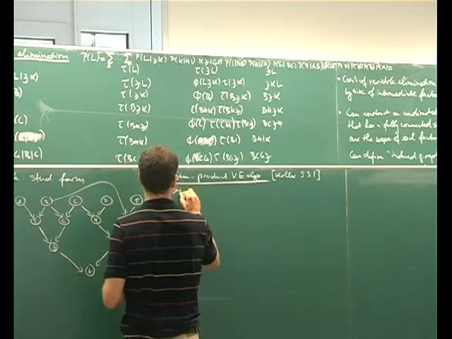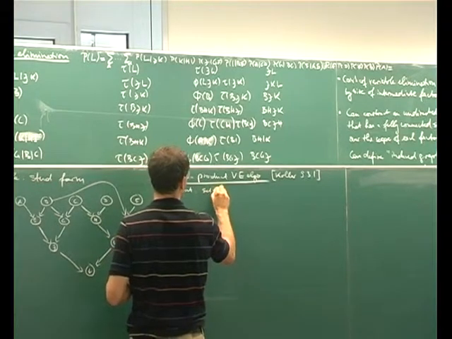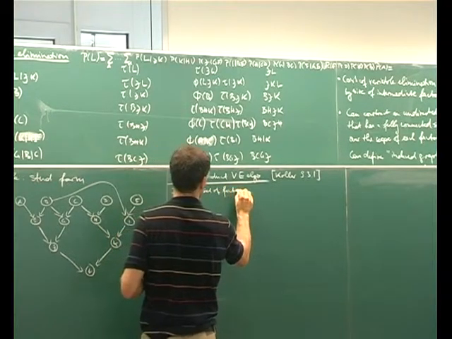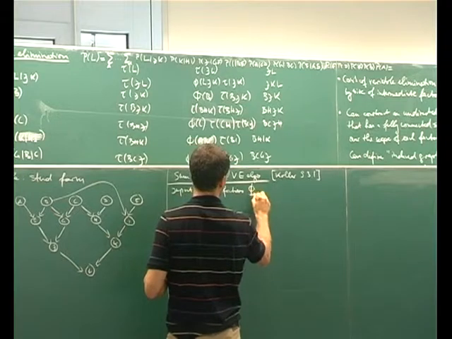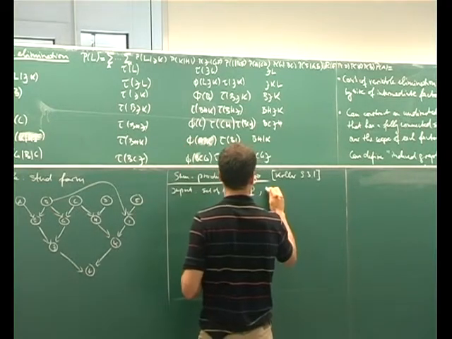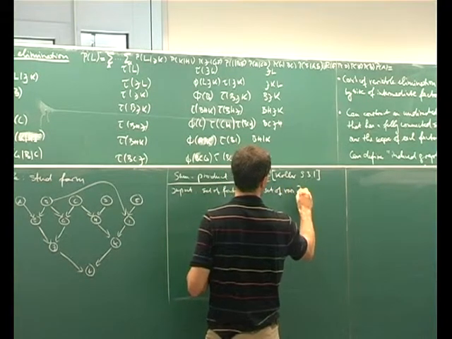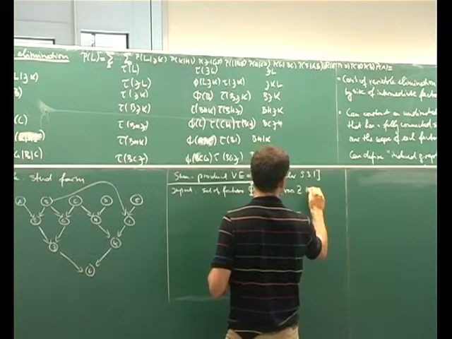So as input, we have a set of factors phi and a set of variables Z that should be eliminated.